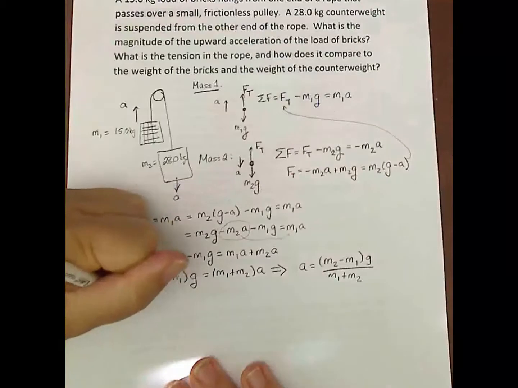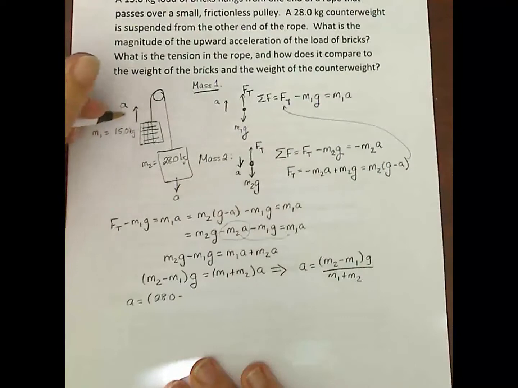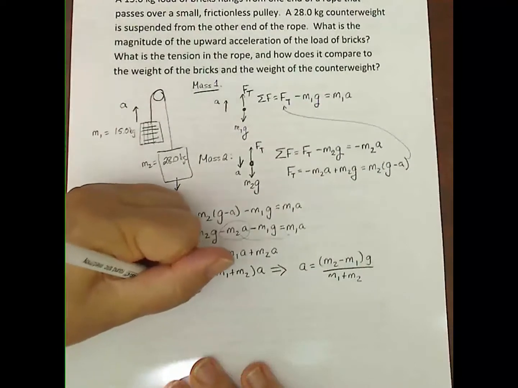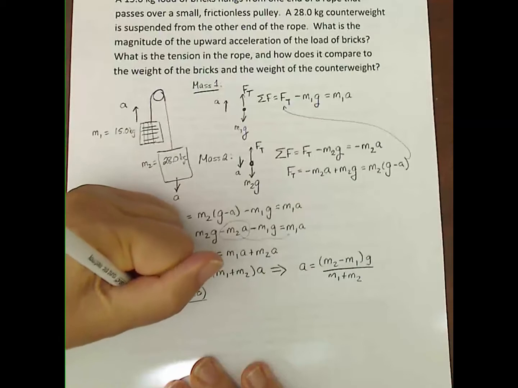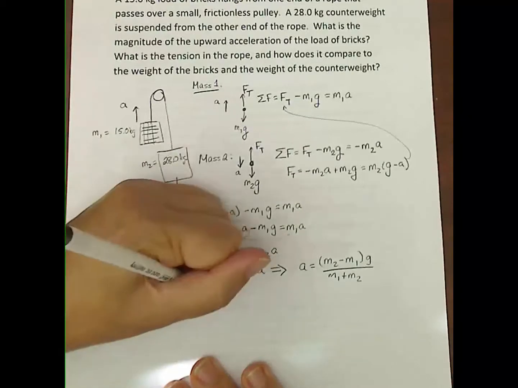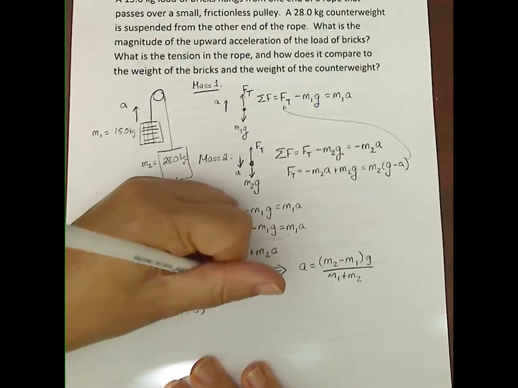So my acceleration is M2, that's 28 kilograms, minus M1, 15.0, divided by 28 plus 15.0, times g, which is 9.8 meters per second squared.